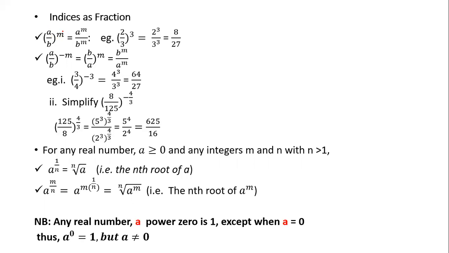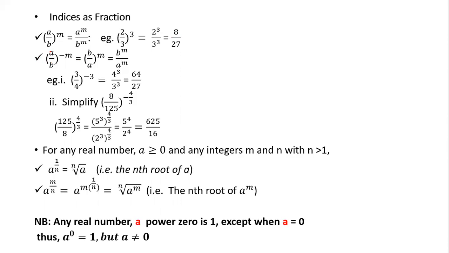So it becomes A power m all over B power m. The power here will affect both A and B. For example, if you have 2 over 3 all power 3, it becomes 2 power 3 over 3 power 3. So this power will be affecting here and here, and the answer will be 8 over 27.